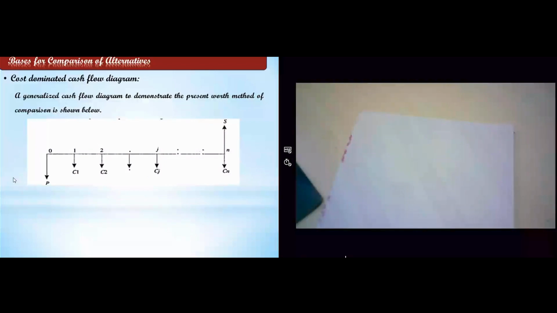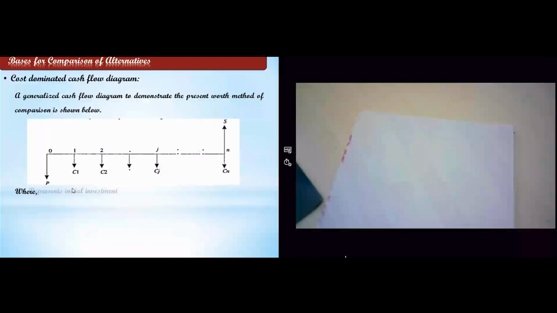Only the term cost dominated we have not studied. It is just a terminology used to explain a cash flow diagram which consists of more cost factors. Here, P is the initial outlay, the purchase price or the initial investment of the machine.